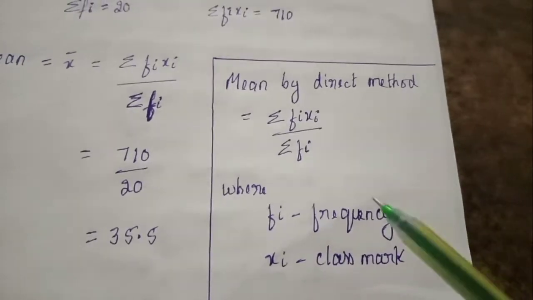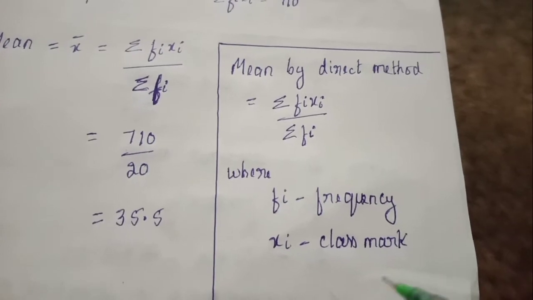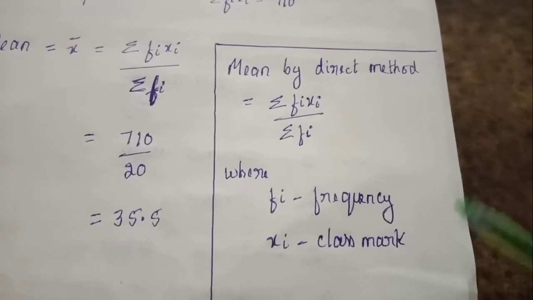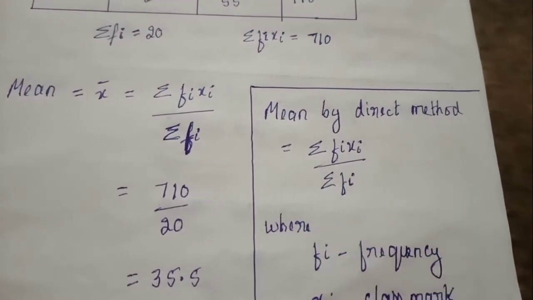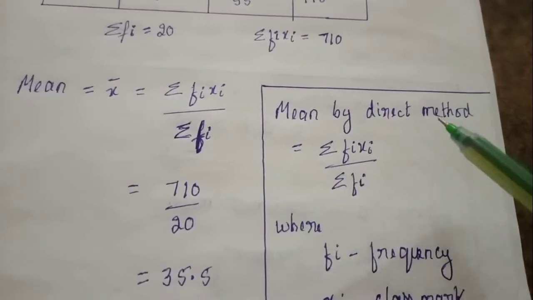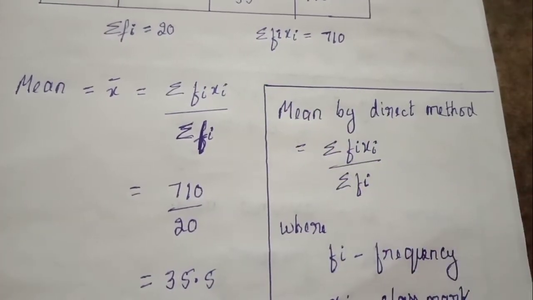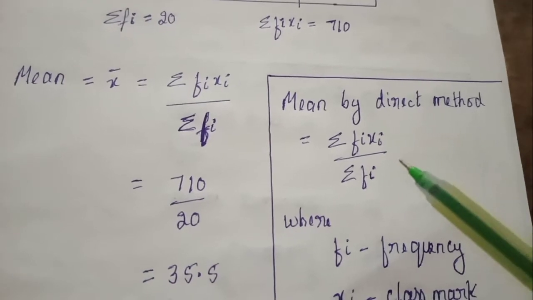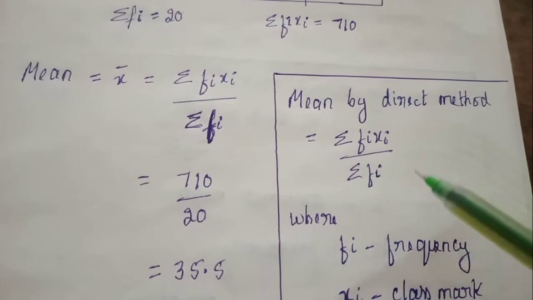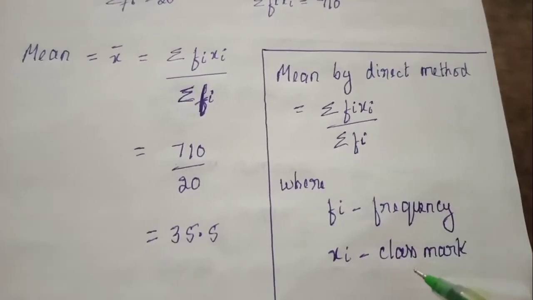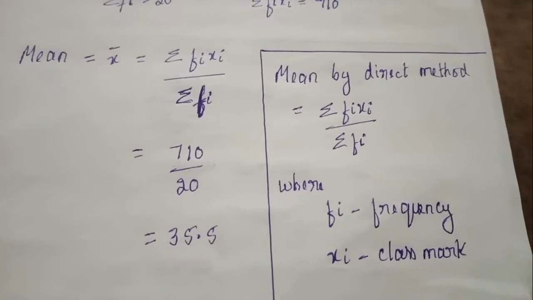Here xi is the class mark, that is lower limit plus upper limit divided by 2. I hope everyone understood. Even though the formula for ungrouped data and grouped data by the direct method is the same, the xi is different. In ungrouped data, xi is only marks, but in grouped data, xi is one value from each class interval, the class mark.